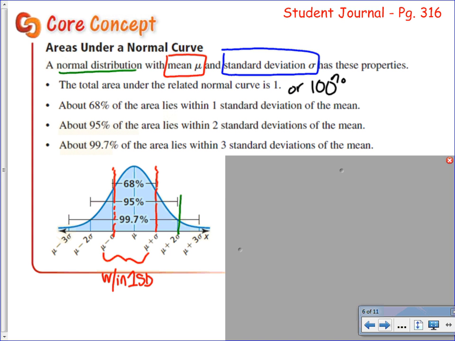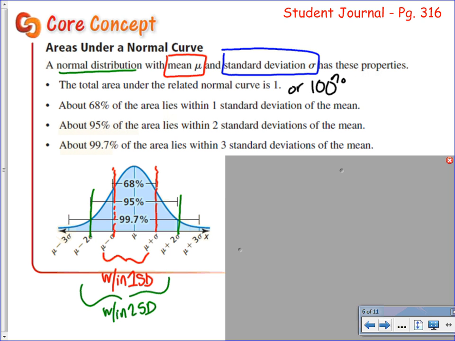So you already added a standard deviation. Now you're going to add another one. So this is 2 standard deviations above the mean. And then we have a mu minus 2 sigma, which is 2 standard deviations below the mean. And they're showing you that that covers 95% of the area, or 95% of your data. So those are going to be within 2 standard deviations of your mean.